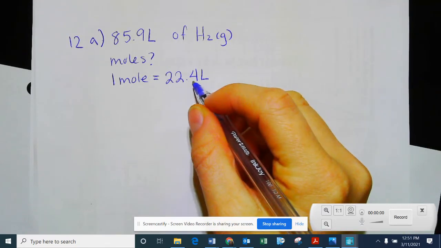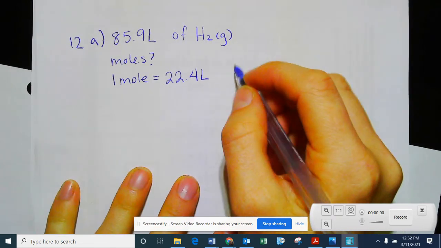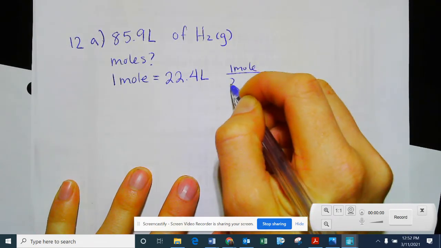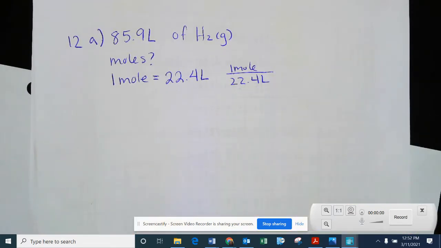When we have something like this, we can turn it into a conversion factor. So 1 mole per 22.4 liters. Does that look a little bit more familiar from what we were doing in our other unit, our math unit?